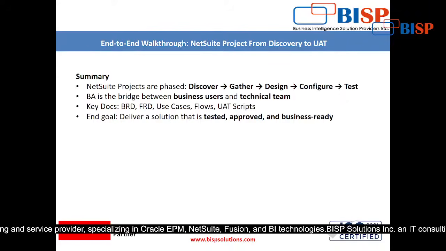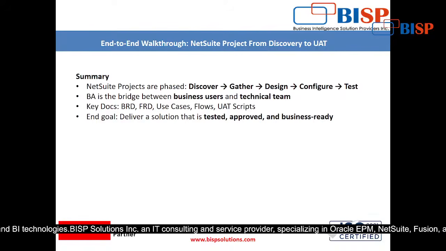Now see here, what is the summary of all these things? The summary is NetSuite projects are phased. Okay, discovery, gather, design, configuration, and then testing. BA is the bridge between the business users and the technical team.